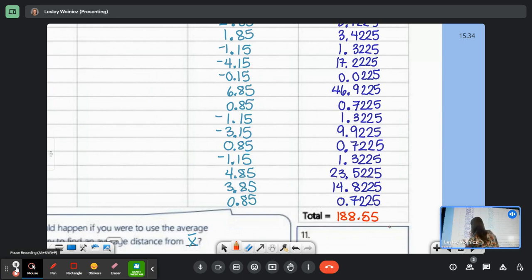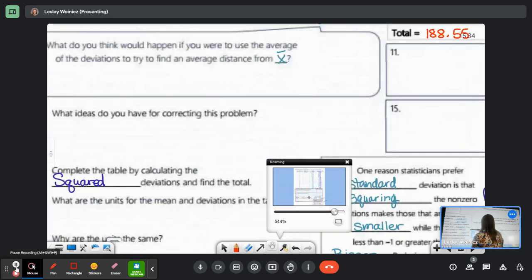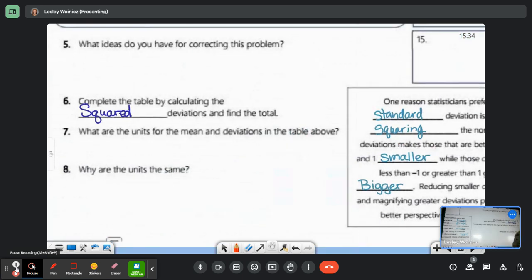188.55. Okay. Now, what does it say? It says, what are the units for the mean and the deviations in the table above? Minutes? Minutes. Both of them? Yeah.